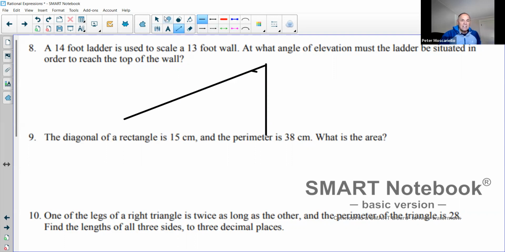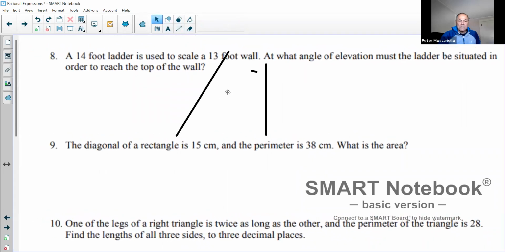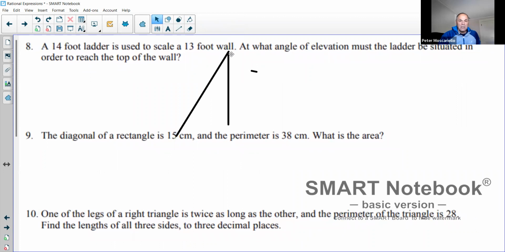If you get it at this angle, that could be too steep and you're not stable. So you got to get it at the right angle. And me being an expert ladderist, I was able to do it and live another day to talk about it. So whatever that angle is, we formed our right triangle.